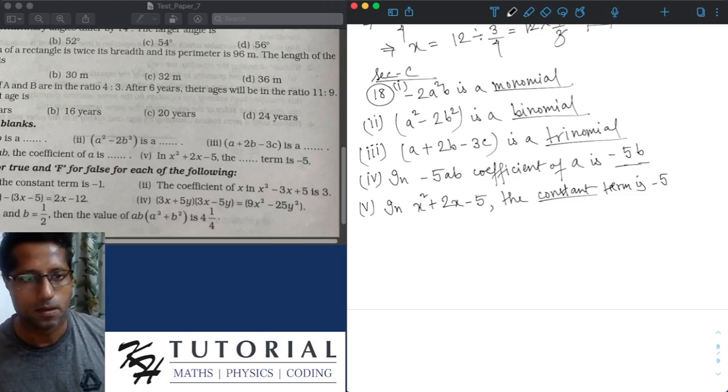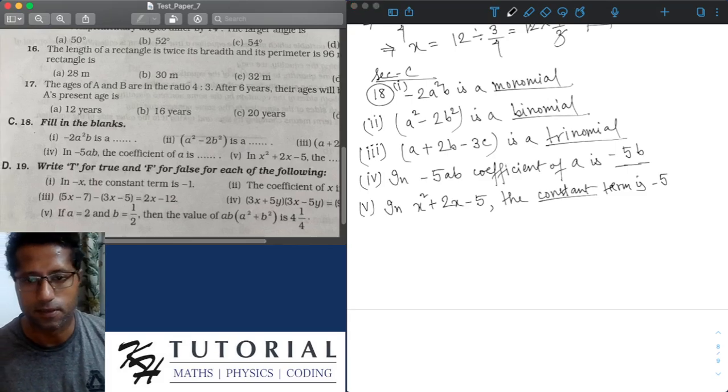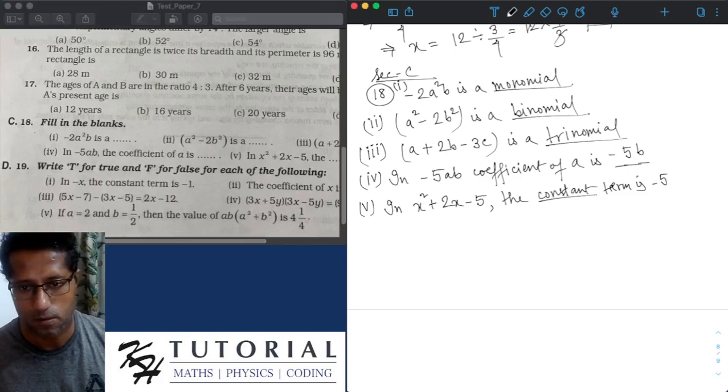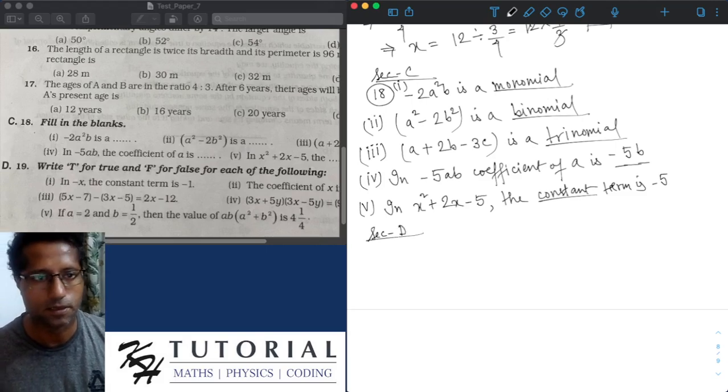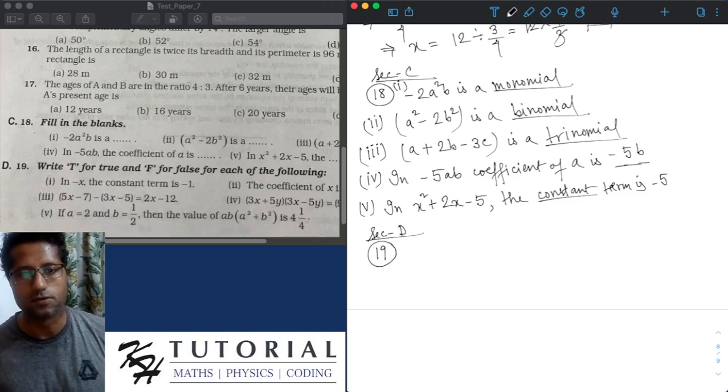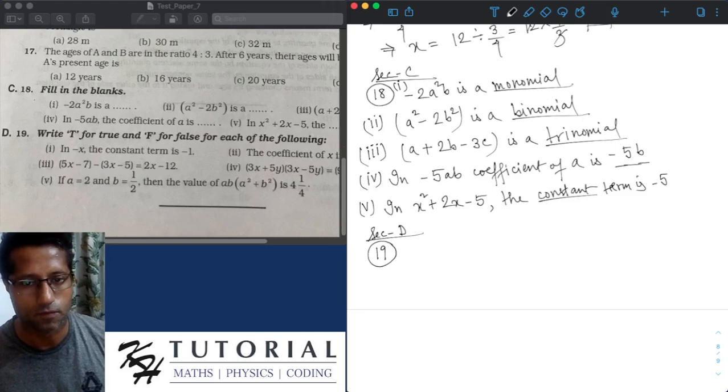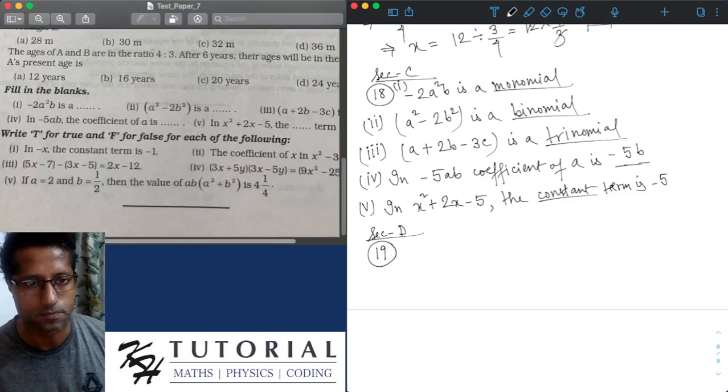Okay. Now section D, the final question, I guess, is true or false. We have to say whether the following statements are true or false.